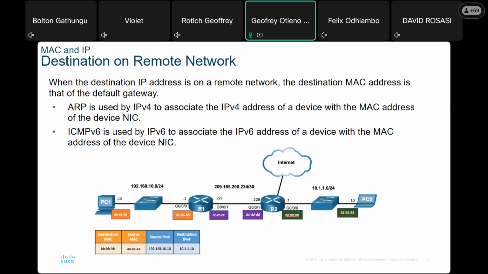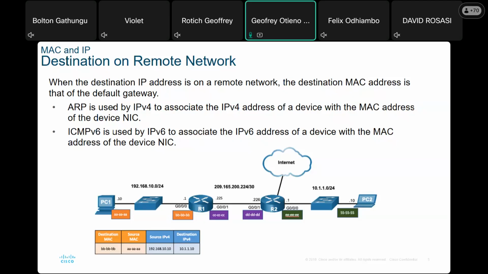You can see 209.165, which is a class C IP address, and 192.168.10.0, also a class C IP address.